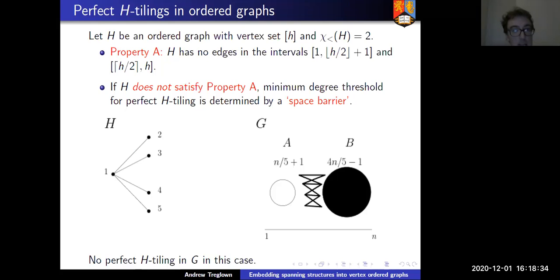Okay, so in general, if you don't satisfy property A, then the extreme example is going to be precisely this picture, but with the ratios of A and B changed in order to get some contradiction like this.